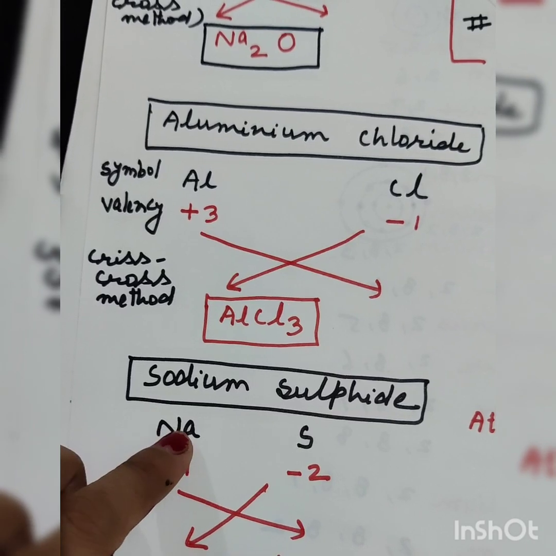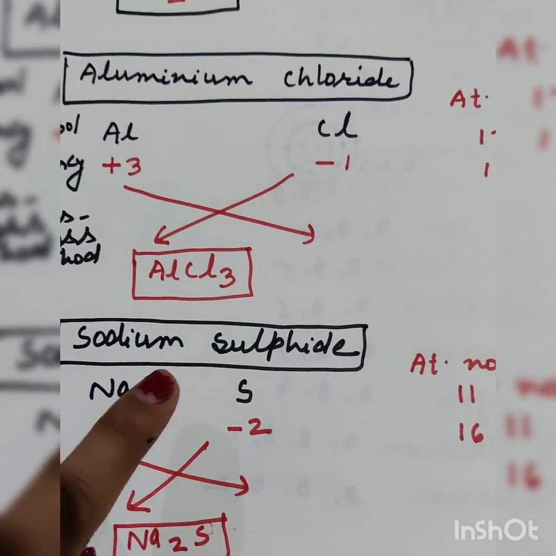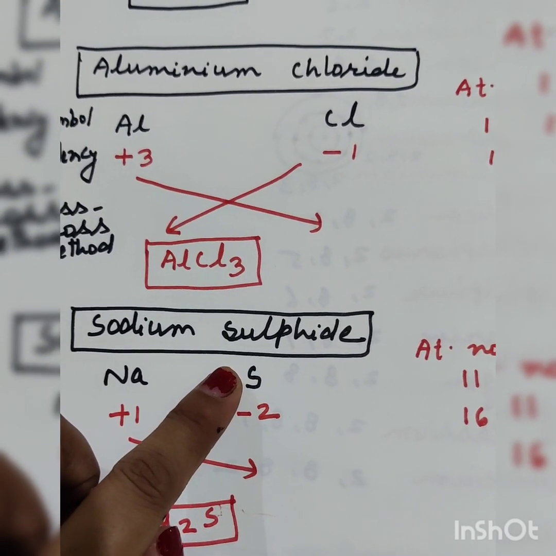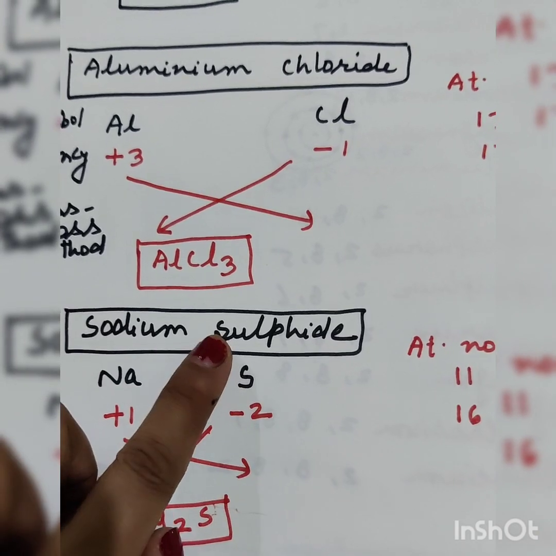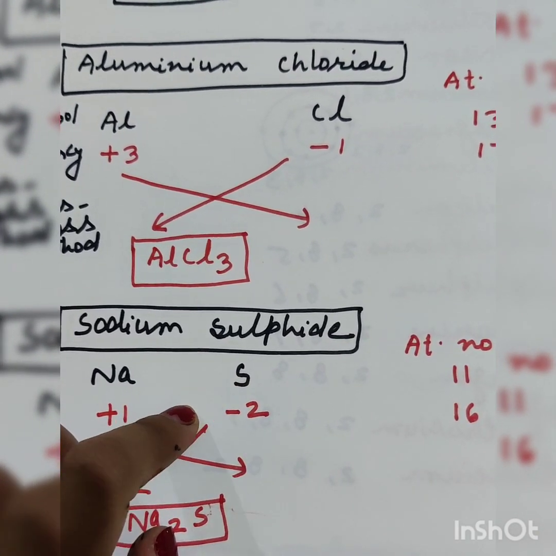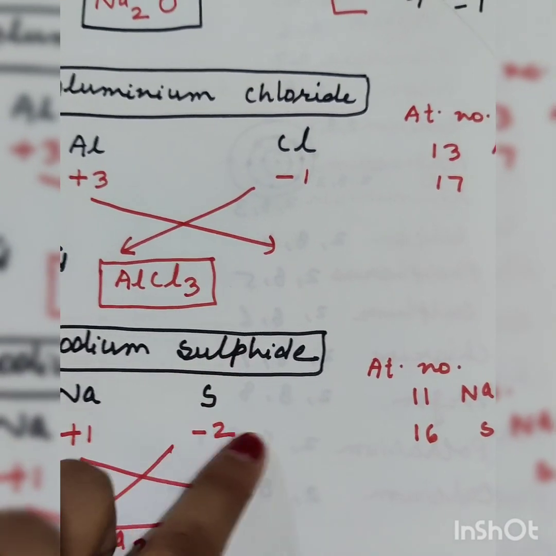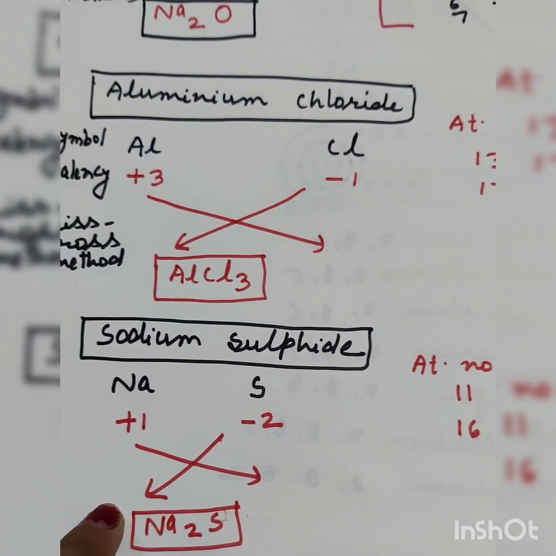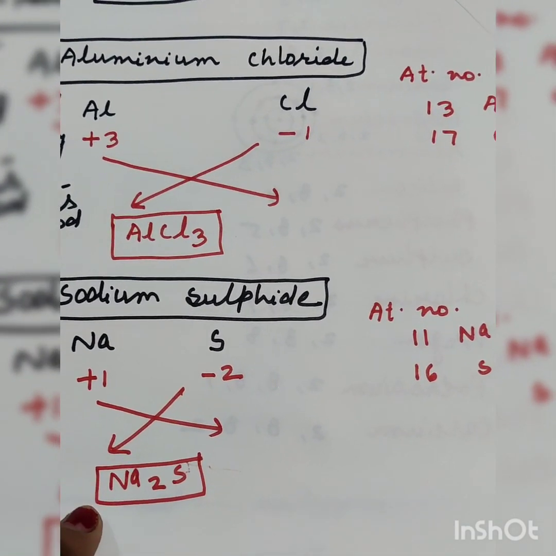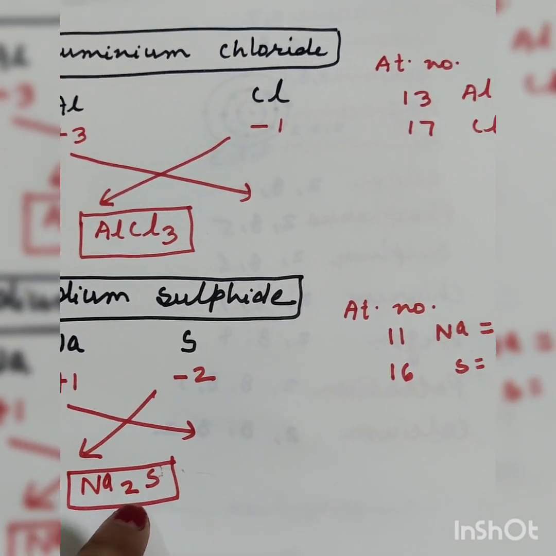Now sodium sulfide. Sodium is represented with Na. Sulfide, as given in the NCERT book of class 9, is represented as S. Sulfide is represented as S -2, valency will be -2, and sodium is having valency +1. Hence, after the crisscross method, a new chemical formula will be obtained, Na2S.